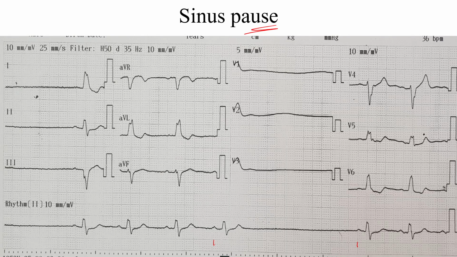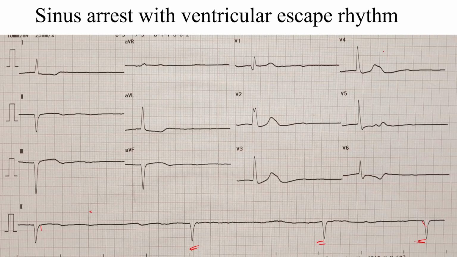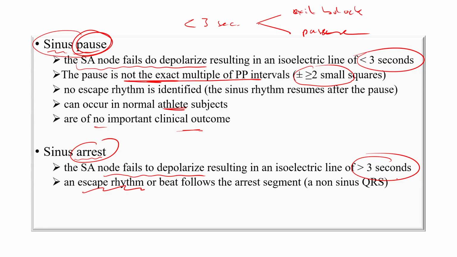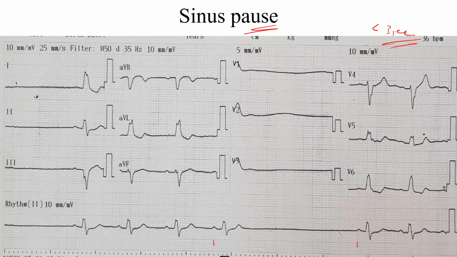Is this a pause or an arrest? First of all, it is less than 3 seconds. As long as it is less than 3 seconds, as we said, this is a pause. And the second thing, there is no escape rhythm.